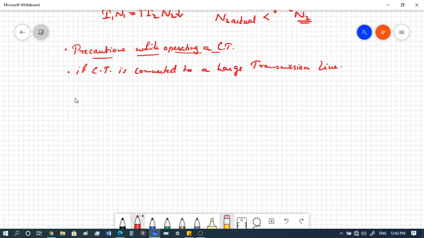But in conventional types of CTs, let's say you have a transmission line, and you have all the resistances and inductance, there is a resistance, there is an inductance.